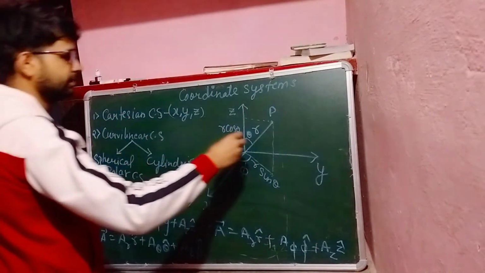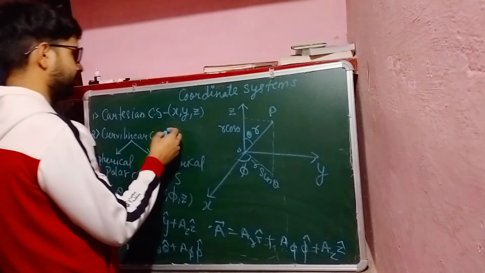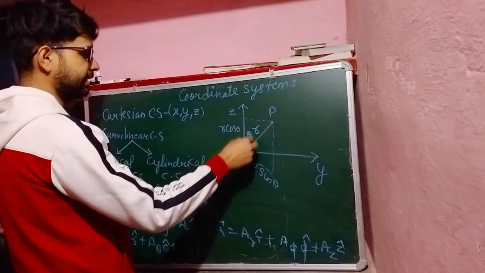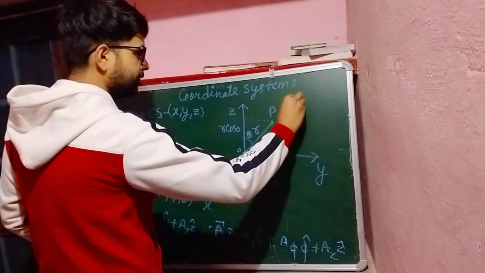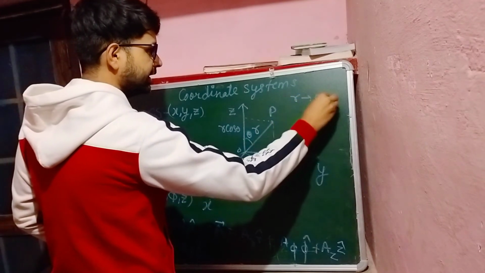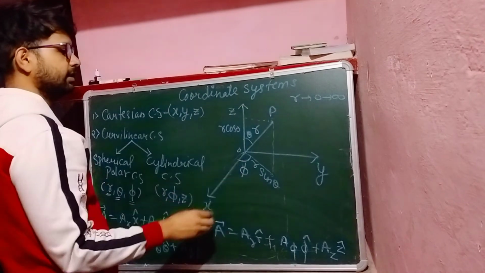Let's say the variation of r, theta and phi. r could vary from 0 to infinity.